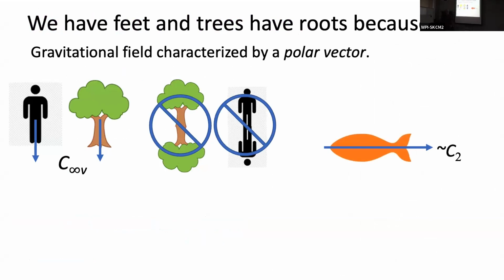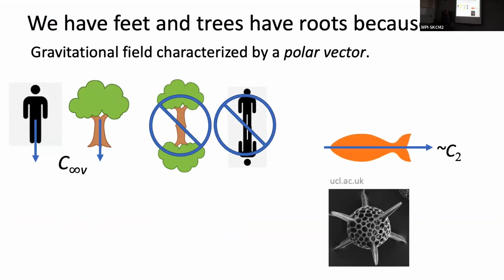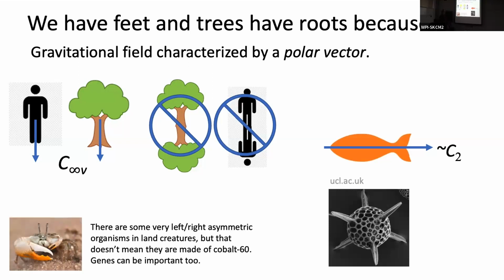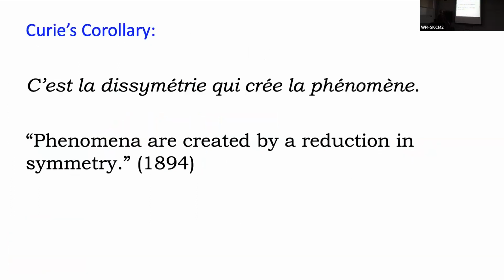They just need an axis of locomotion, which need not be the axis of gravity. Radiolaria can have very ridiculously high symmetries, icosahedral or octahedral, because they don't have to go anywhere. They just float. Sometimes there are very left-right asymmetric organisms among land creatures, but that doesn't mean that they're made out of cobalt-60. It just means that other things can sometimes be important too, like genes and biology and all that kind of stuff.